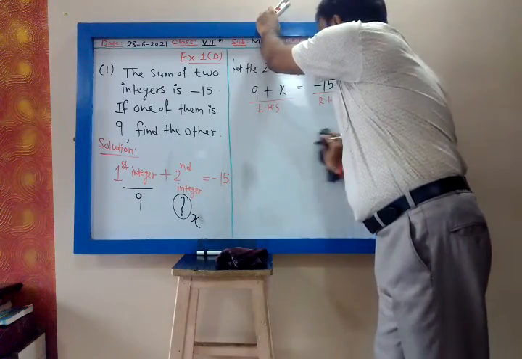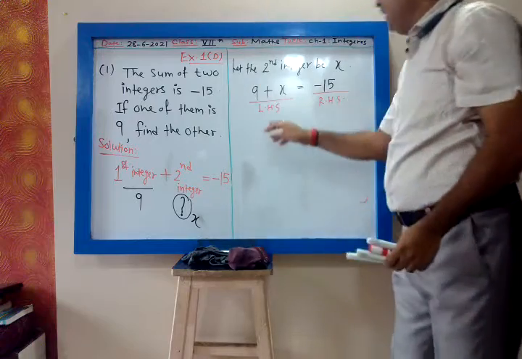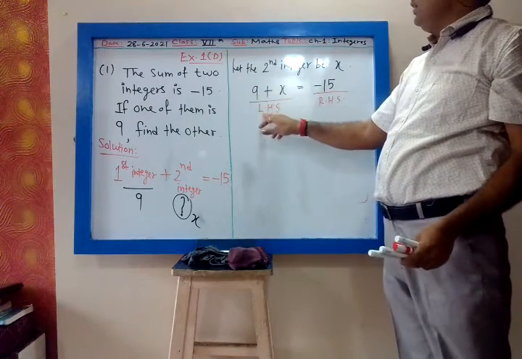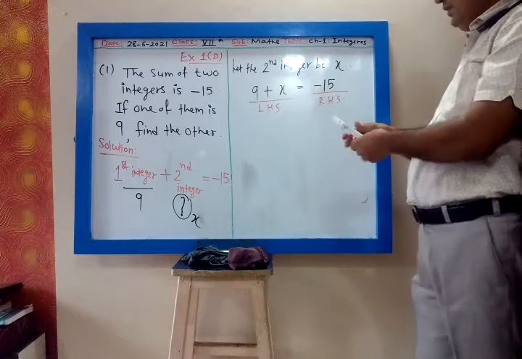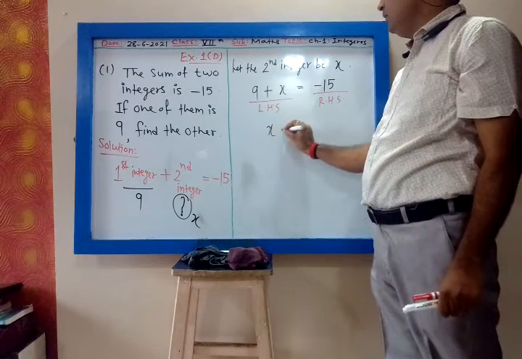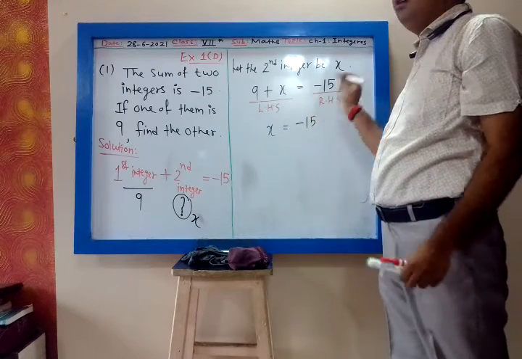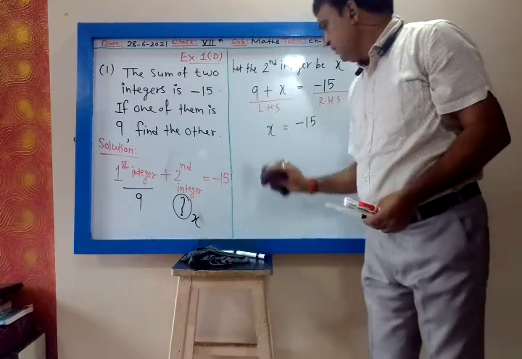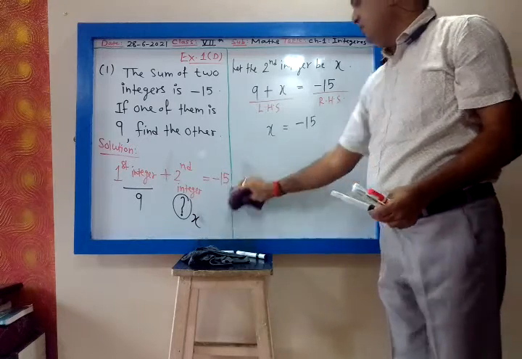So now we have the left hand side and the right hand side. Now this is plus 9 on the left side. I will take the plus 9 to the right side. So x is equal to minus 15. Minus 15 I am not changing the side, I am keeping it there, so the sign will not change.